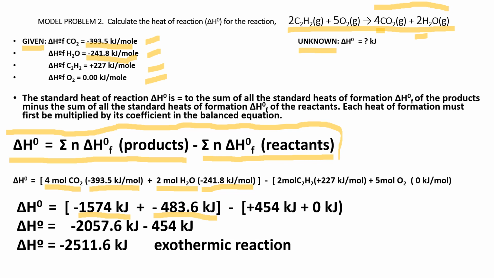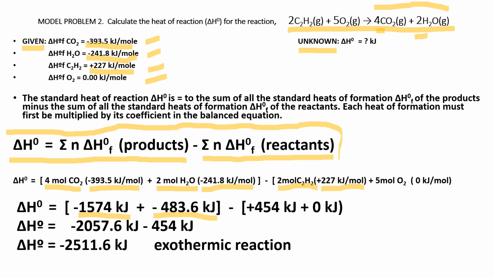And then the equation says minus the summation of the delta Hf of the reactants. So the reactants are C2H2, the coefficient is 2, and the heat of formation is positive 227 kilojoules per mole, given here, right?